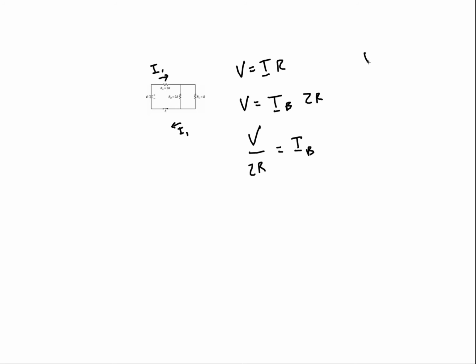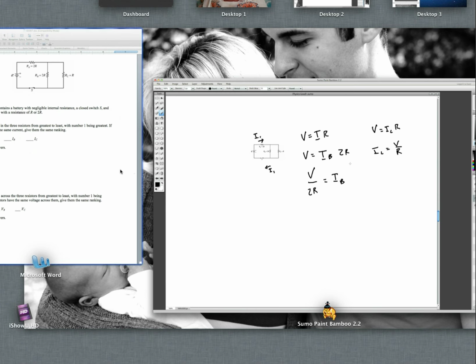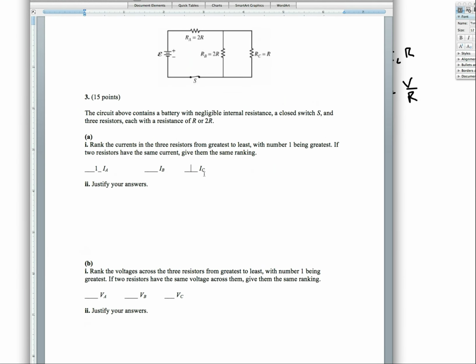For the current at C, it's times just R, so IC is V over R. So we can see that since B has twice the resistance, it's going to have about half as much current flowing through it. And so for this problem, IC is going to be our second largest current, and then following behind would be IB.